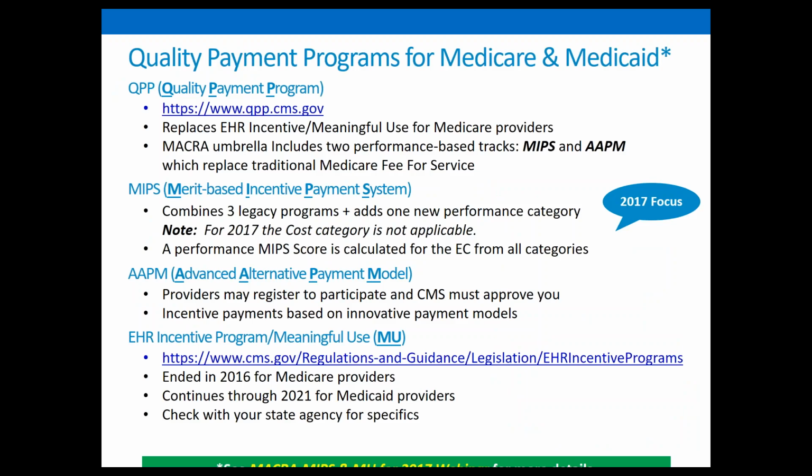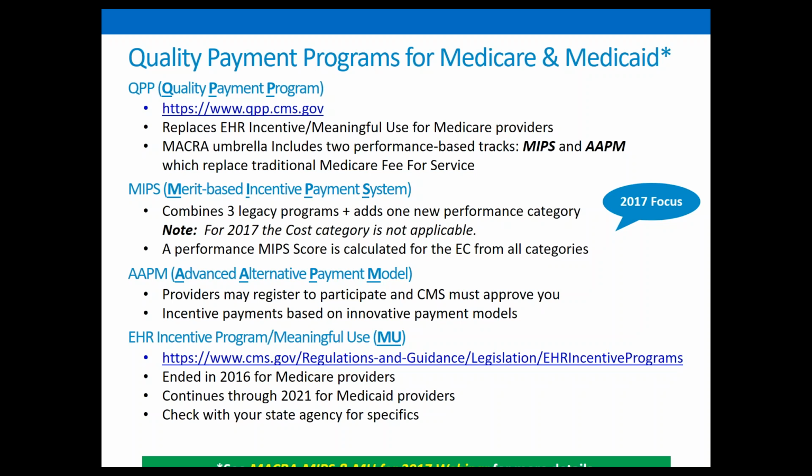So first of all, just a reiteration of the other session, condensed down here to just a couple of minutes. The quality payment program is applicable to providers who qualify on the Medicare side of things. Meaningful use is for providers who qualify on the Medicaid side of things.